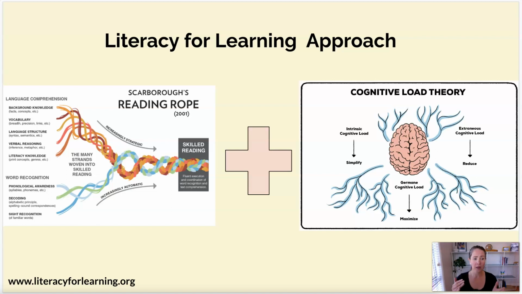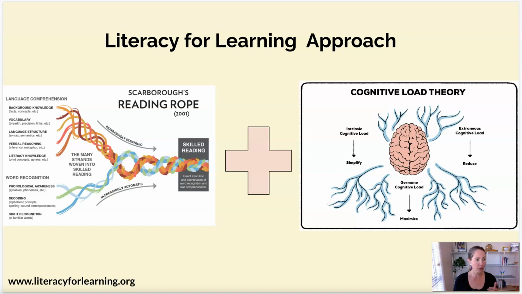We also know that the most critical elements of language comprehension are background knowledge, vocabulary, and language structure, because verbal reasoning depends on those 3. The other framework was cognitive load theory, and that tells us how memory works and what we can do to help students consolidate knowledge more efficiently.